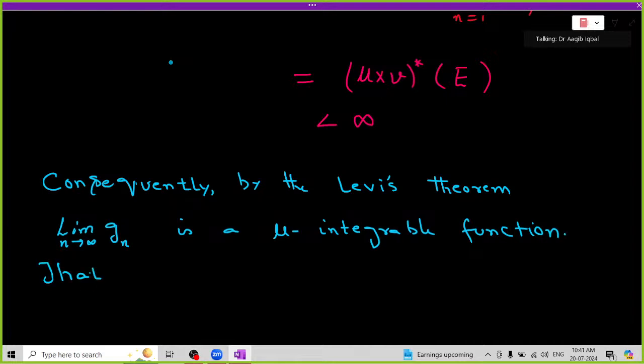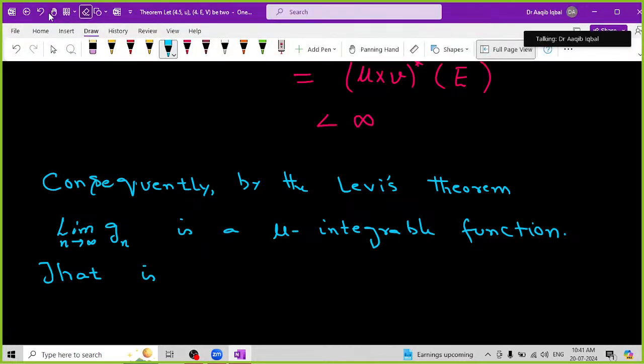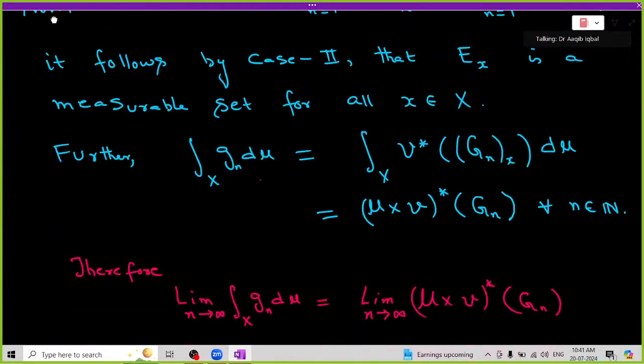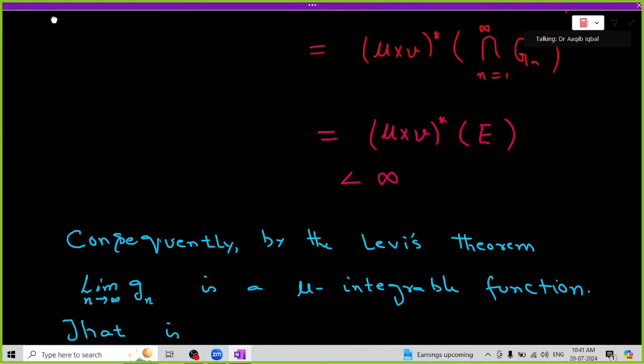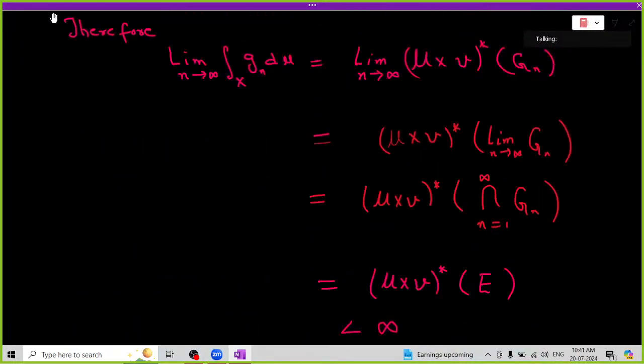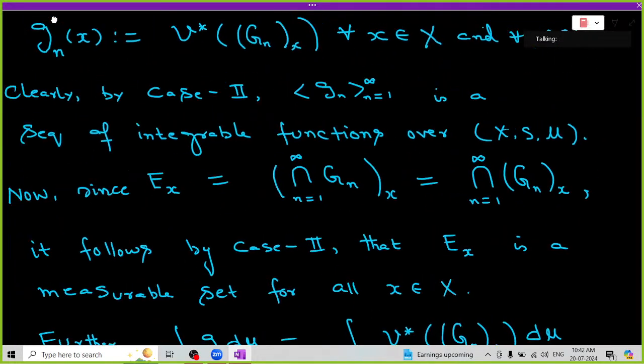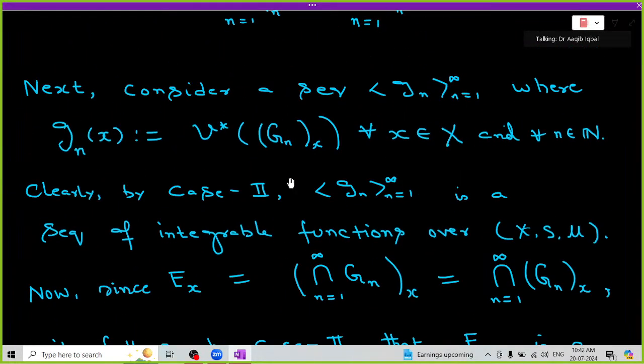अब मुझे बताइए ये. What is the limit of gns? Little gns की जो लिमिट है, what is the limit? कहाँ है gn? कहाँ हमने डिफाइन किया है? ये है gn. What will be the limit of gns?